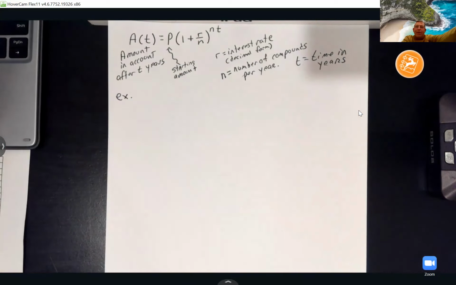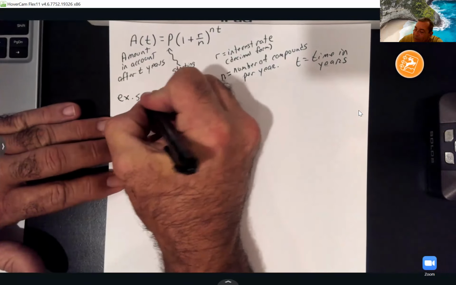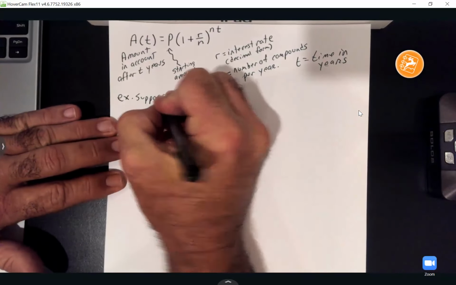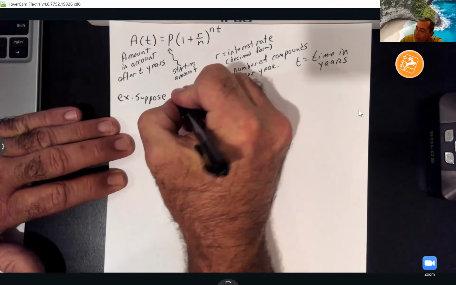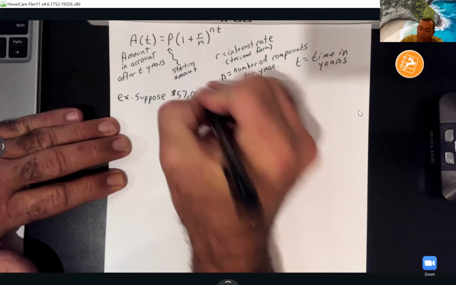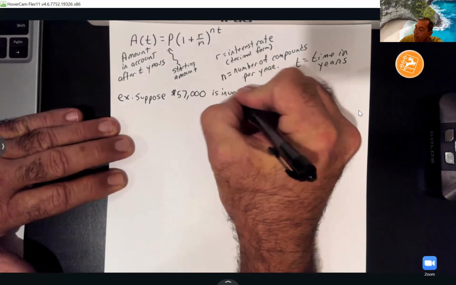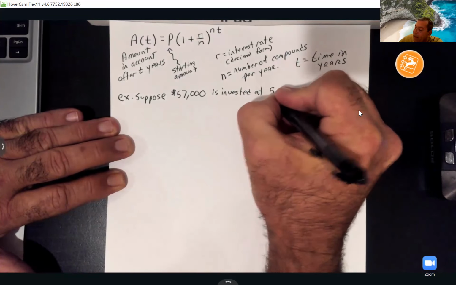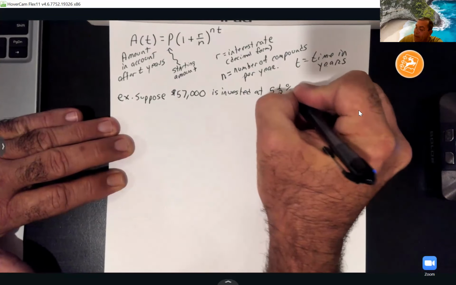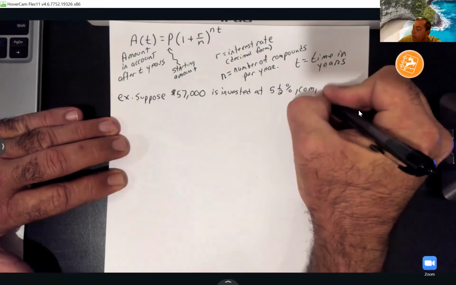So y'all just get down and dirty on this formula here. So suppose $57,000 is invested at 5.5% compounded quarterly.